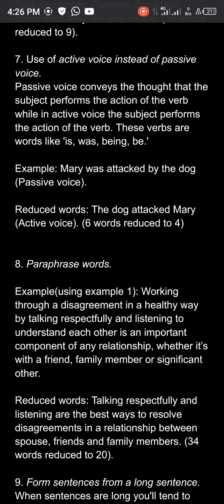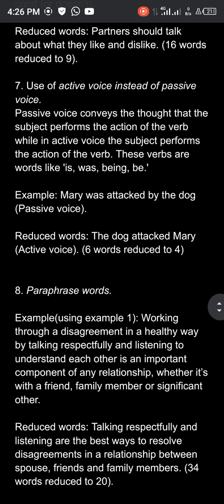So what passive voice does is make it look like the subject is the one suffering or experiencing the action.